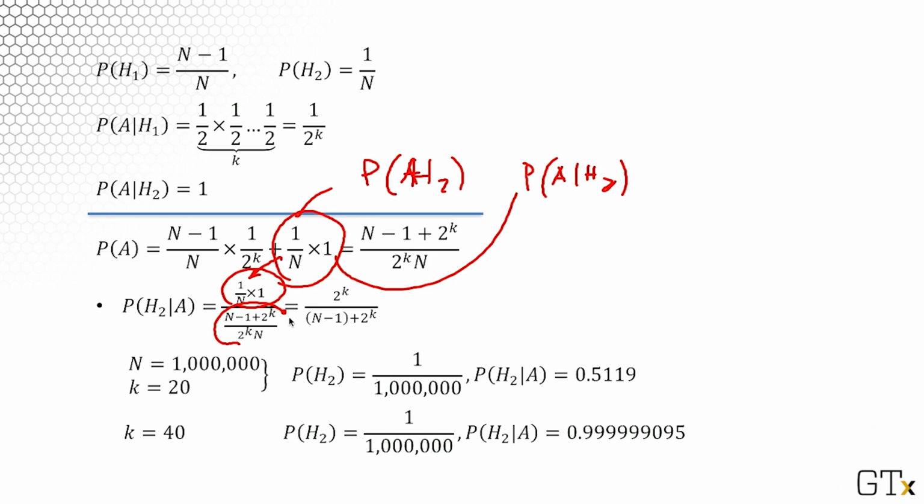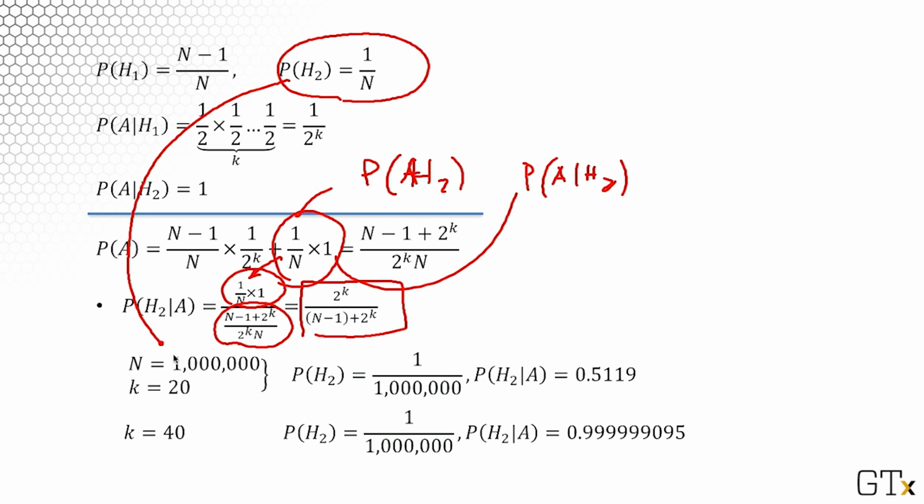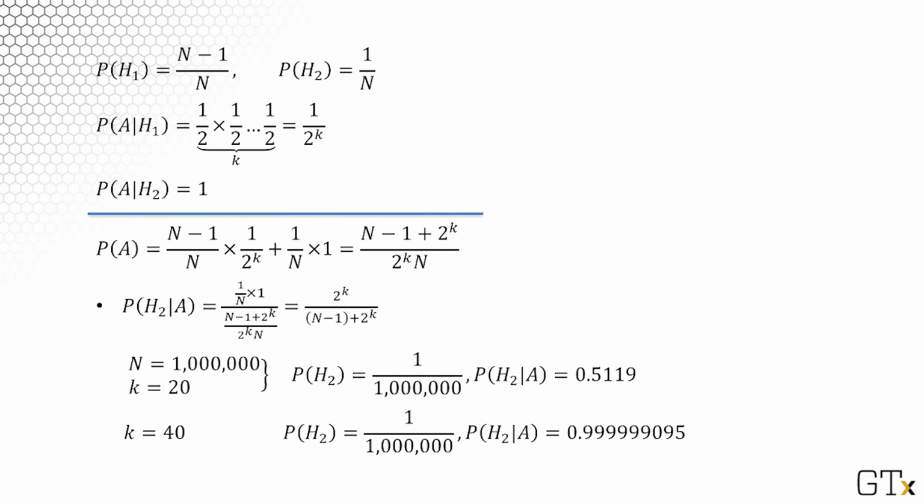On the bottom is the probability of A. And when you do the algebra, you end up with a result like this. So the probability of H2, which is 1 over n, got changed to this number if you observe k heads in a row.